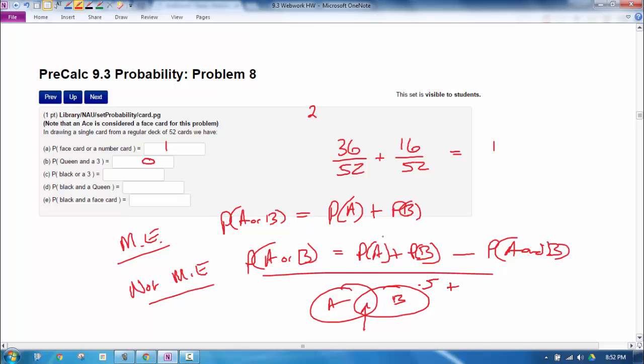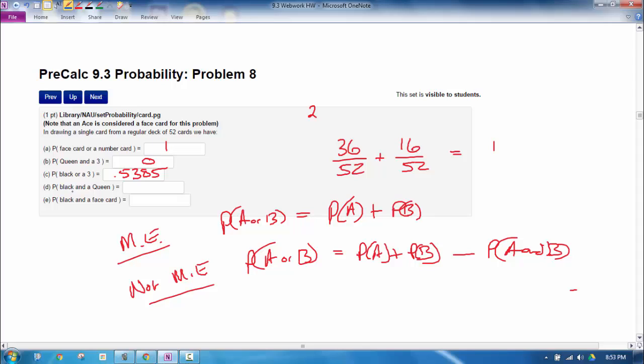Plus the probability that it's a 3, there's 4 out of the total 52 that are 3s. And then I have to subtract the ones that are the same, and there are 2 cards in the deck that are black 3s, the 3 of spades and the 3 of clubs. So that'd be subtracting 2 out of 52. So you'd have to do this, which gives you 0.5385 or about 53.9%. But it's picky about decimal places here, so enter in 4.